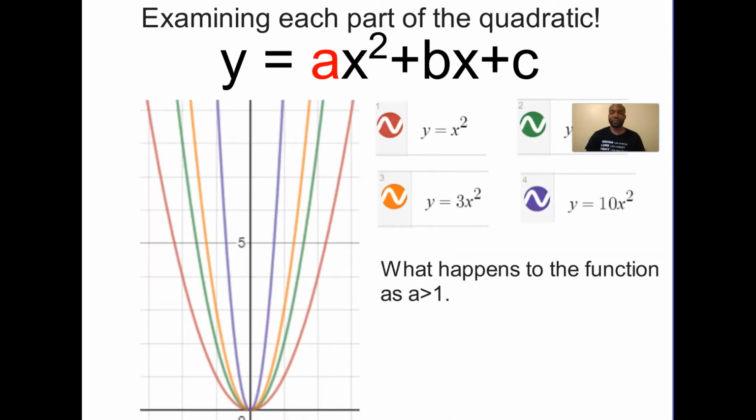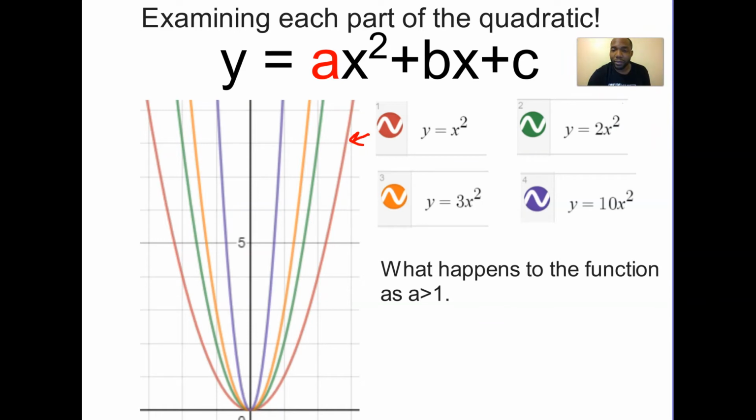A has another function. Now let's look when A is greater than 1. Y equals x squared is right here, and then y equals 2x squared, then y equals 3x squared, and then y equals 10x squared.